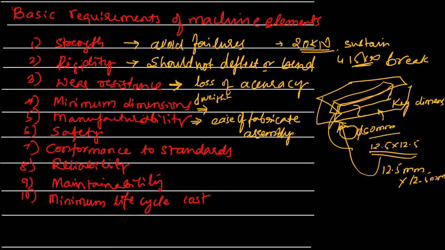It should not provide any difficulty for assembly, and it should not be too complicated to fabricate. It has to be easy to fabricate as well as easy to assemble. Next one, safety. The machine element should ensure safety to the operator.